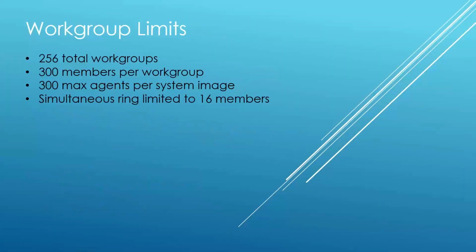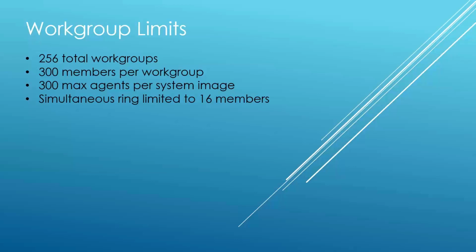Finally, one thing to talk about: the workgroups do have limits, although they're much higher than the hunt group limits. We can support up to 256 total workgroups per system image. So for an entire system, there can be a total of 256 workgroups.